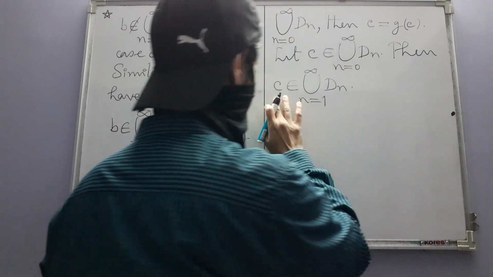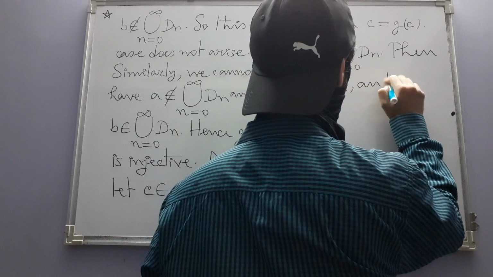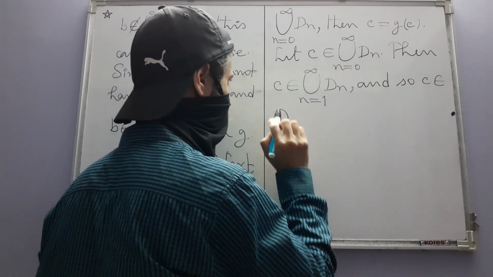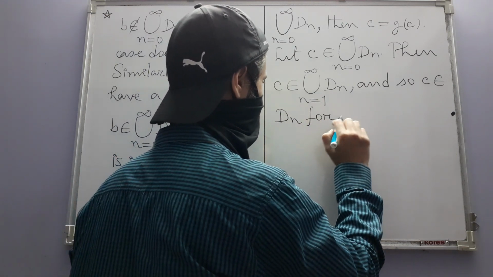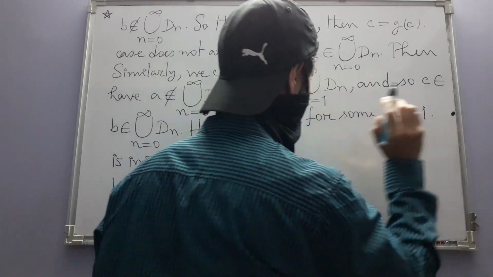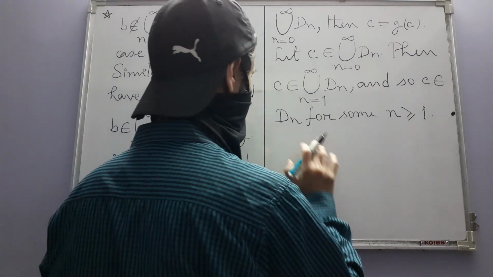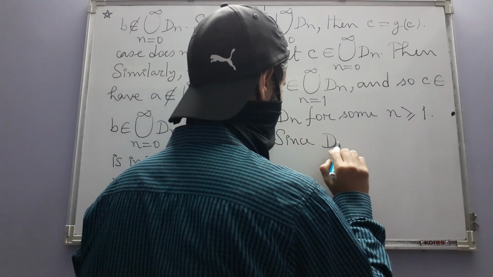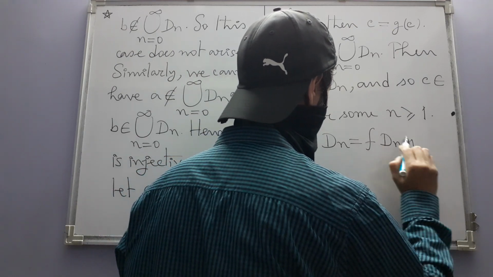So now C belongs to this, and so C belongs to Dn for some positive integer n. This positivity is important, since Dn is equal to f of Dn minus 1.